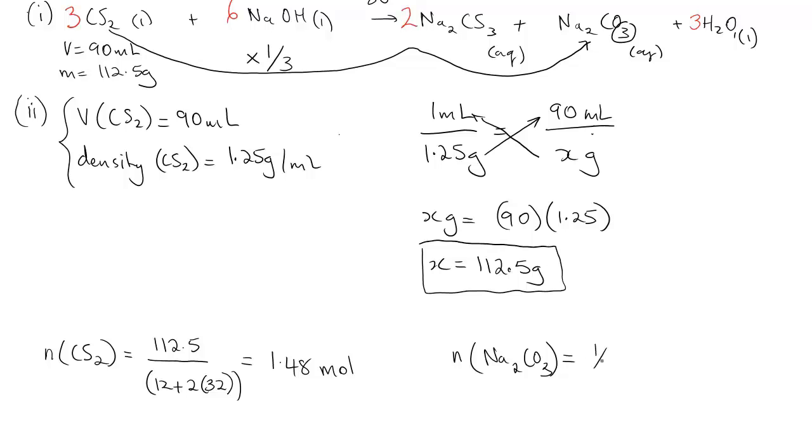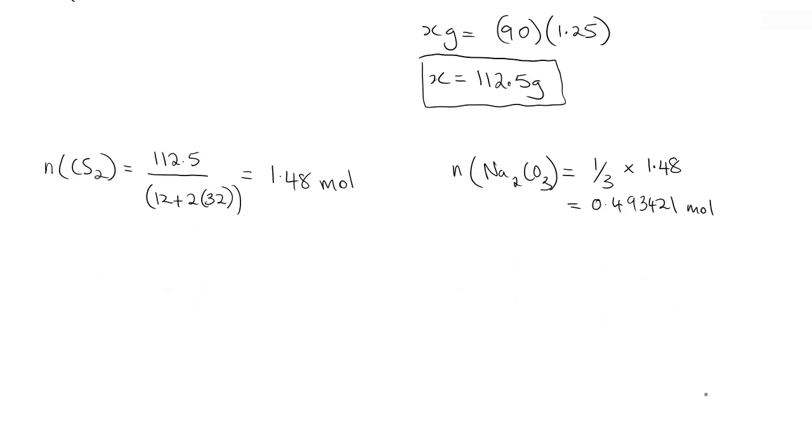Okay, so 1 over 3 times the mole that we got from our calculations means that the mole is going to be 0.493421. Okay, so that's the mole of sodium carbonate, and then we can work out the mass of it as well.